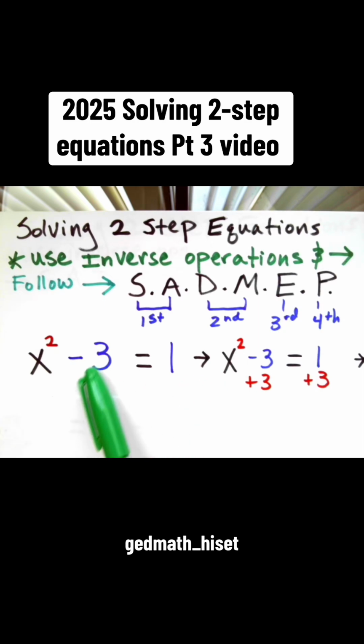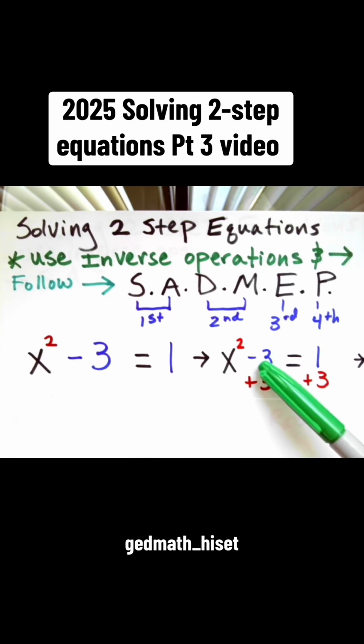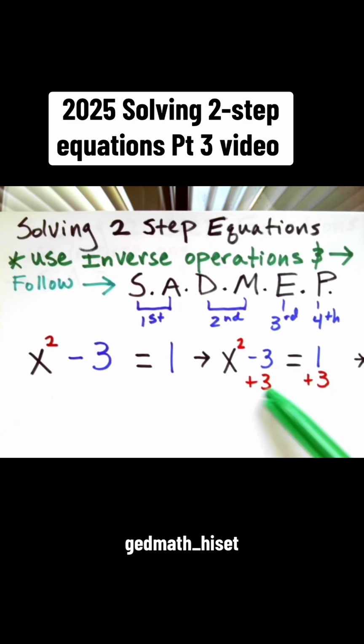There's two terms I need to eliminate. I need to eliminate the negative 3 by doing the inverse of a positive 3. And then I've got to get rid of that exponential value, the power of 2. And those are the two operations I'm going to work on. Inverse operations. So it's the opposite of subtracting 3, which is adding 3 to both sides of the equal sign. 3 minus 3 is 0.